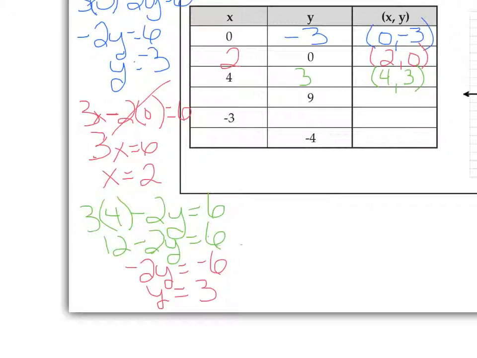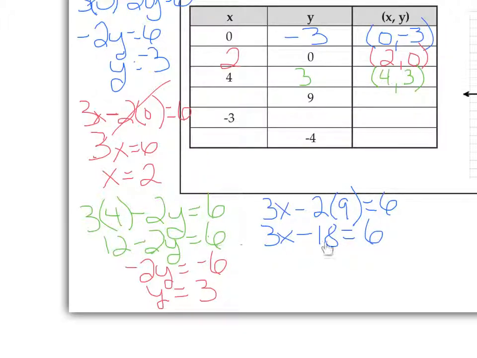Okay, next we're going to substitute 9 for y. So we'll have 3x minus 2 times 9 equals 6. So 3x minus 18 equals 6.